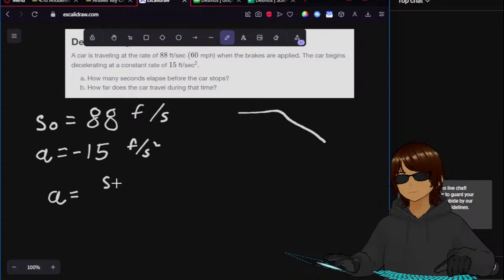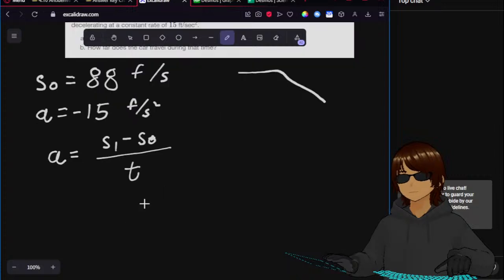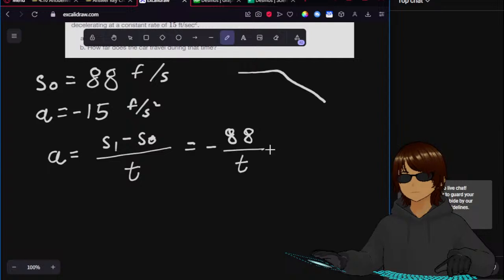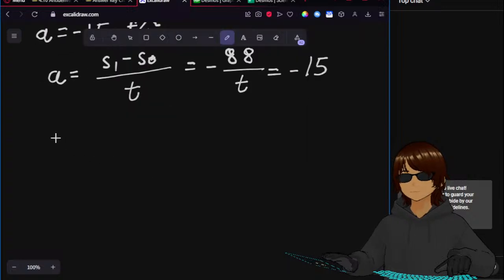Acceleration is s0, sorry, s1 of t. s1 is 0. This is minus 88 over negative 15, and then t is 88 over 15, or whatever that is, seconds.